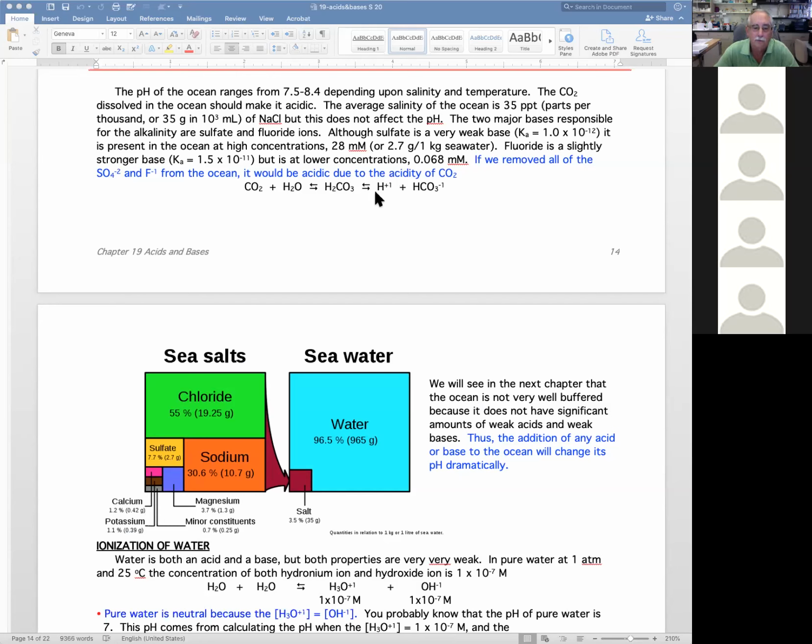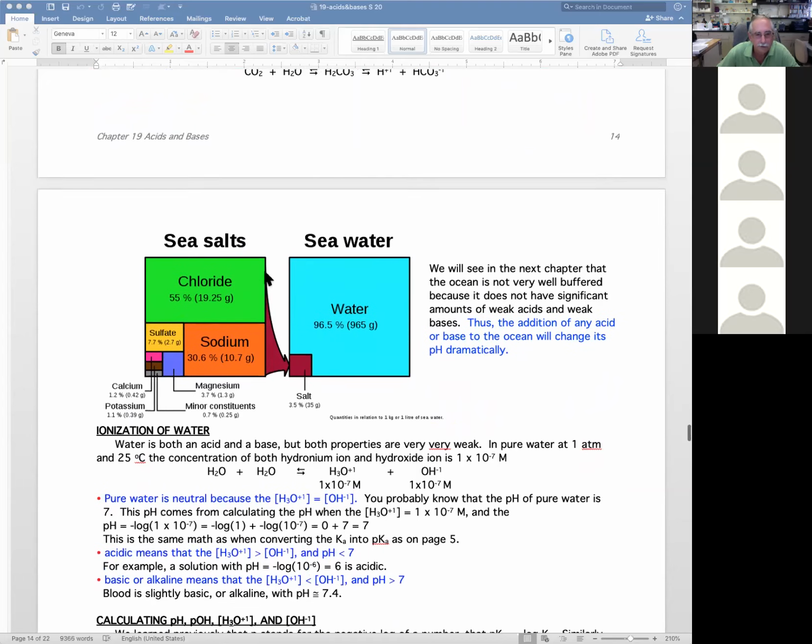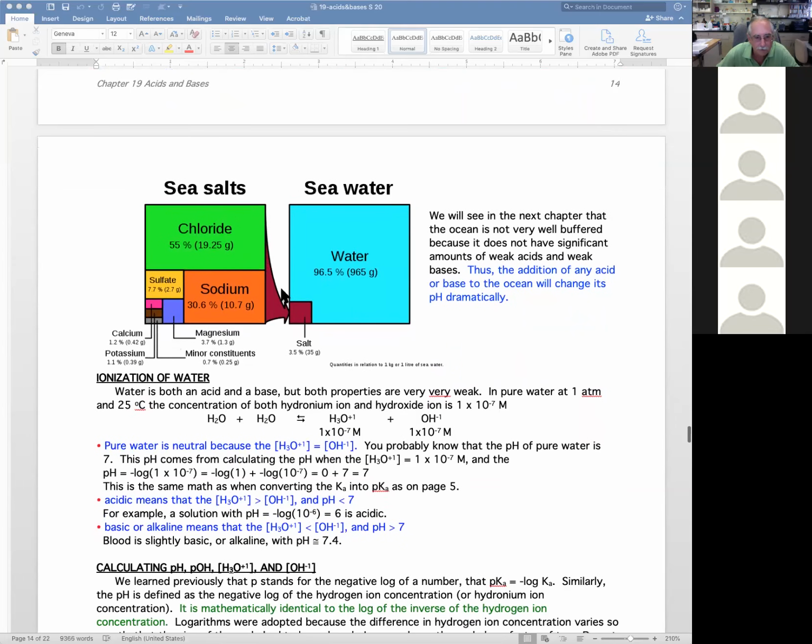So the two major bases that hydrolyze water and make the ocean basic, it's not sodium chloride, it's sulfate and fluoride. So here's sea salts over here.